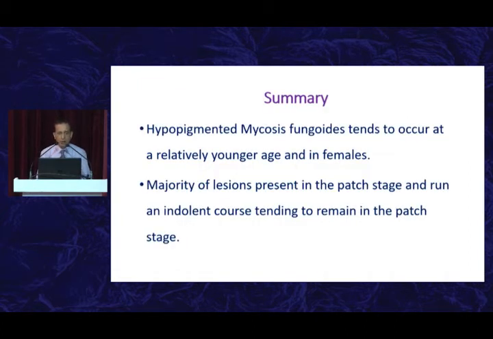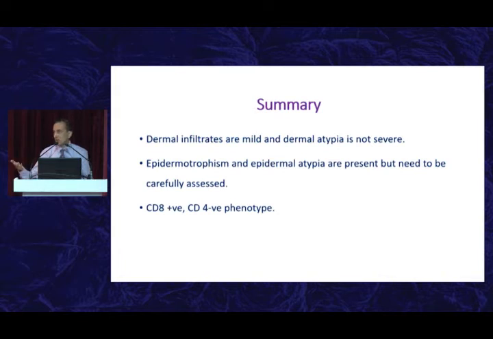Okay? So in summary, hypopigmented mycosis fungoides tends to occur at a relatively younger age and in females. The females was statistically significant. Majority of lesions present in the patch stage, and as you know, they run a very indolent course, remaining in the patch stage for, of course, we didn't have follow-up in this.